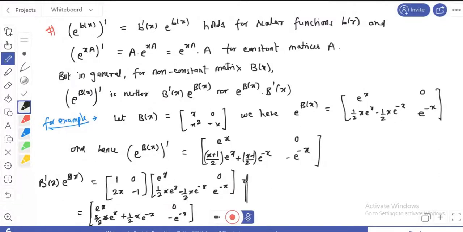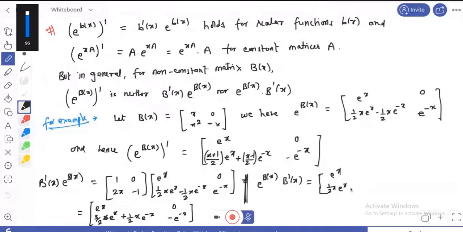And if we find the second one, e to the power bx with b prime x, we multiply this term. So e to the power bx is half x to the power x minus half x power minus x, 0 to the power minus x with b prime.